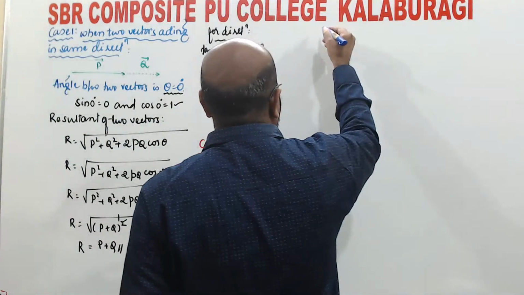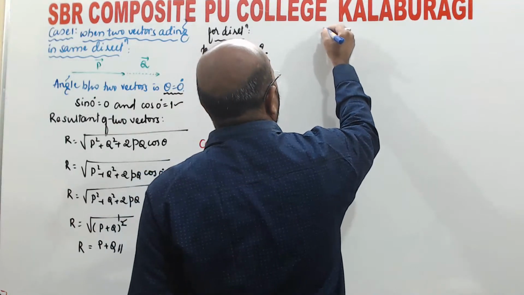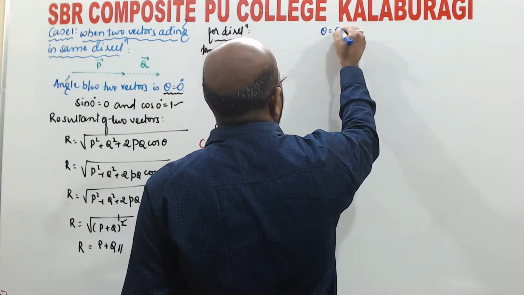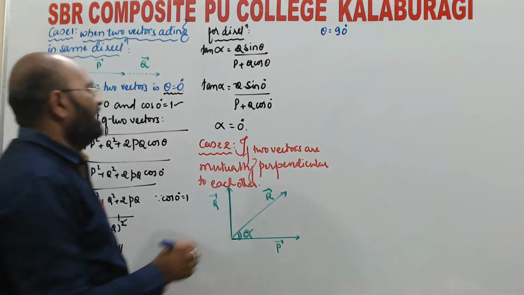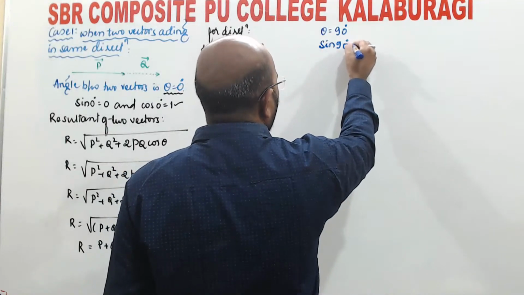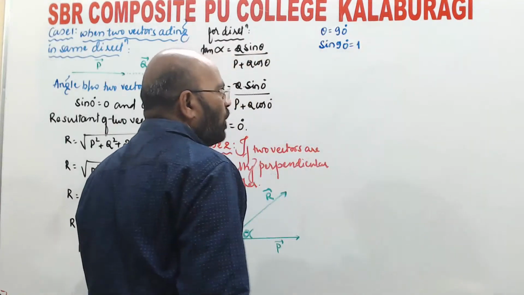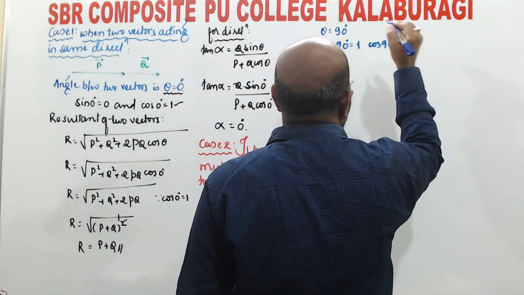Now apply the condition. For the resultant, theta is equal to how much now? 90 degree. Then sin 90 degree is maximum, it is 1. Cos 90 is equal to 0.